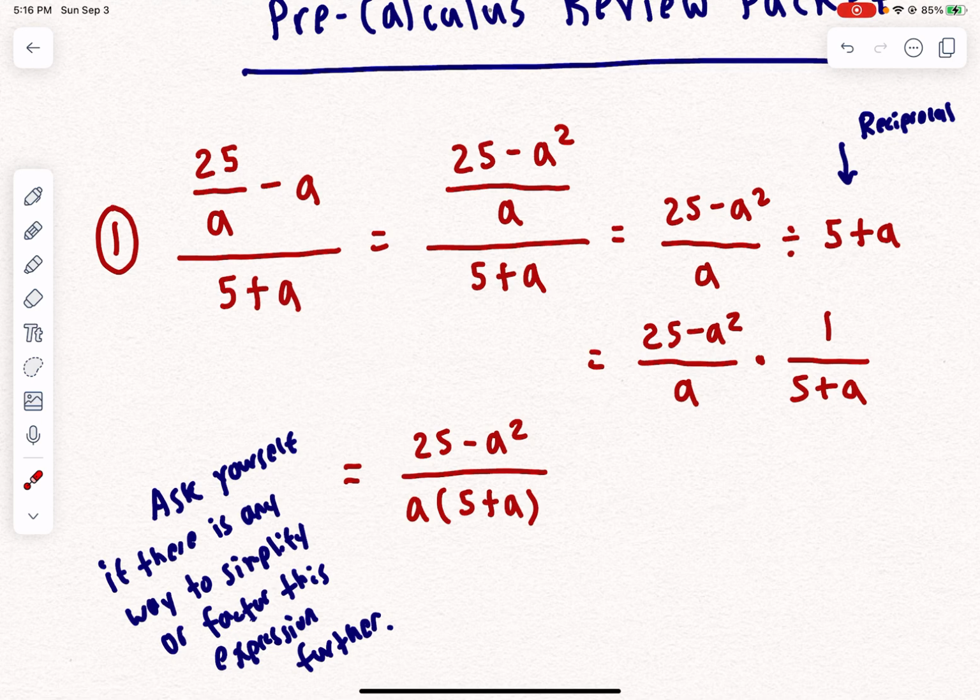We kind of have already simplified this expression up to this point, but we also have to consider if we can factor. Factoring is one of the most important parts in algebra. And if you look at this numerator, it's kind of hidden in there, but this is actually what you call a difference of squares.